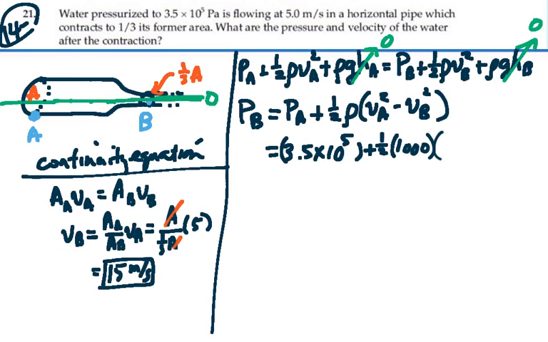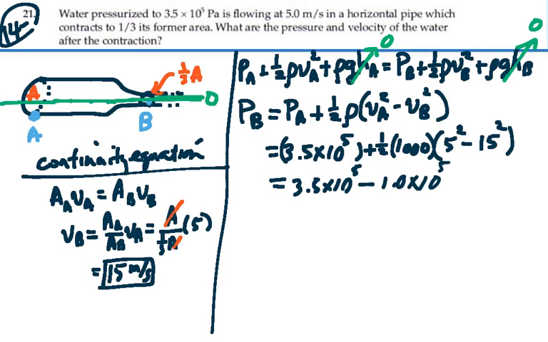Velocity at A is 5 meters per second. Square that minus the velocity at B, which is 15 meters per second squared. And this is all equal to 3.5 times 10 to the 5 minus 1.0 times 10 to the 5, or 2.5 times 10 to the 5 pascals.